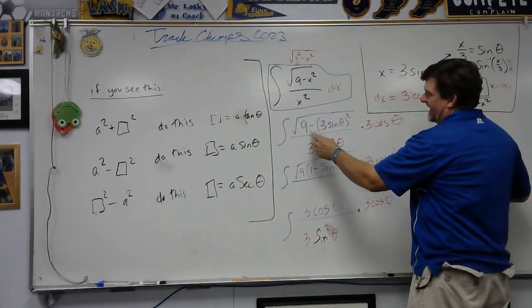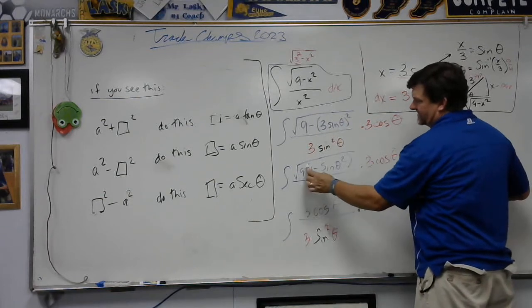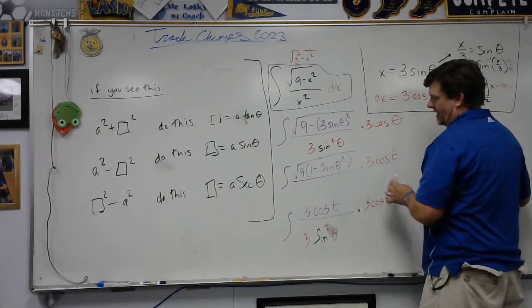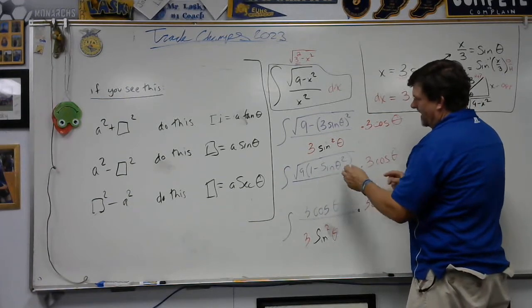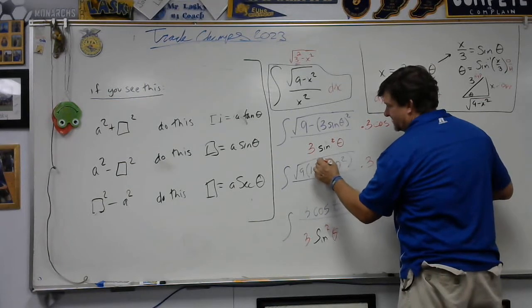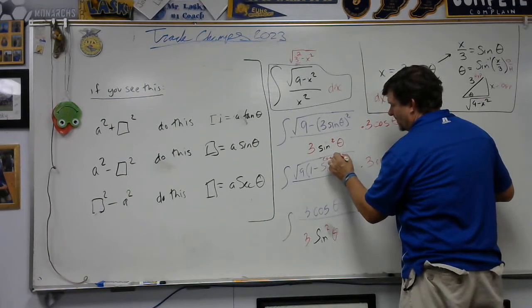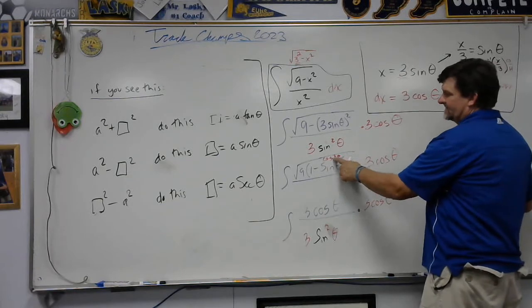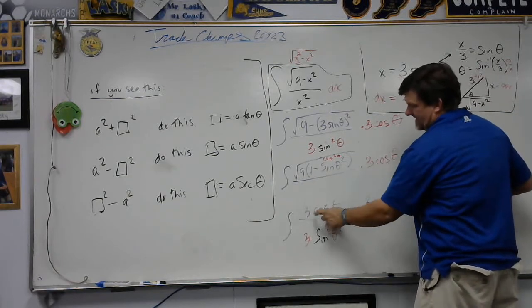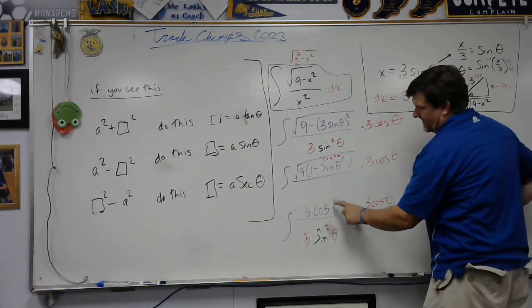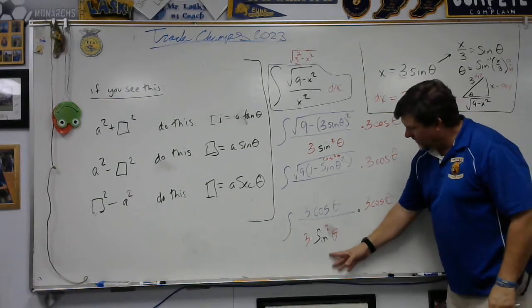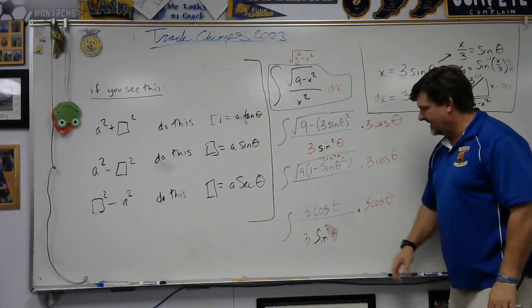I can factor a 9 out of this because 3 squared is 9. When I take a 9 out, I get 1 minus sine squared, which is the same as cosine squared. So this is really cosine squared theta. Cosine squared theta times 9: the square root of 9 is 3, and the square root of cosine squared theta is cosine theta, all over 3 sine squared theta.